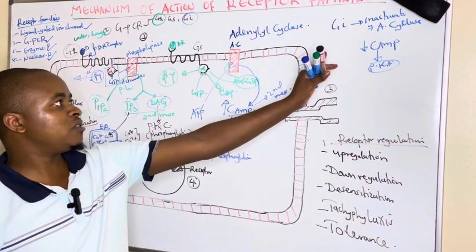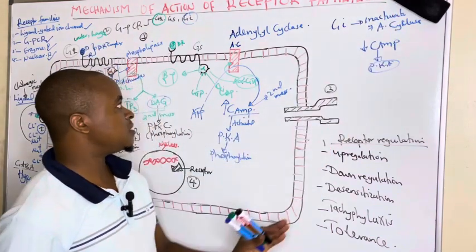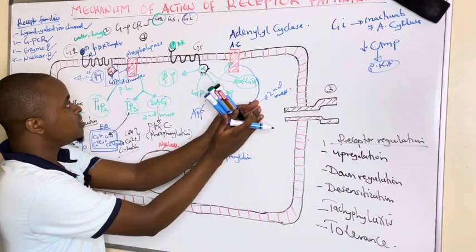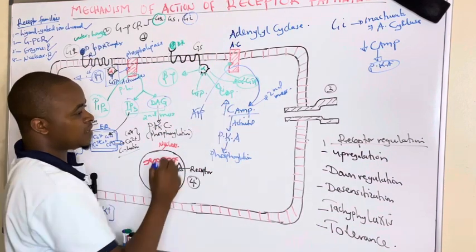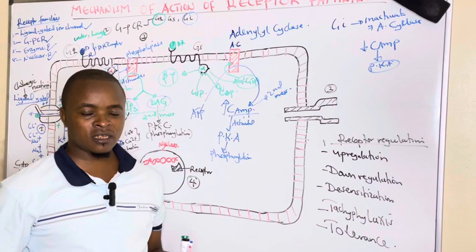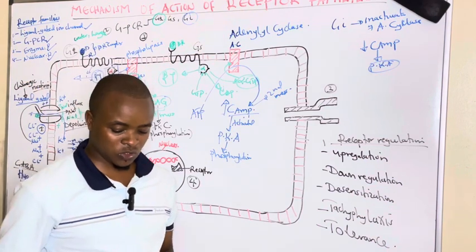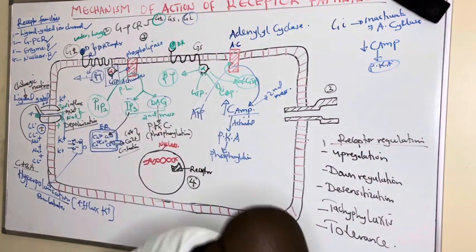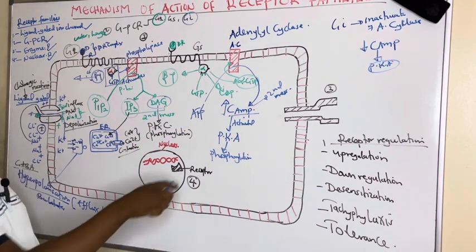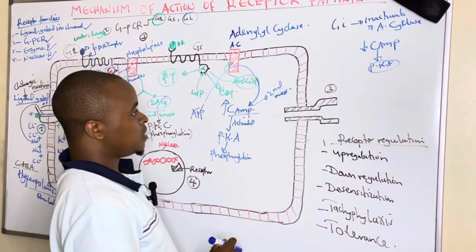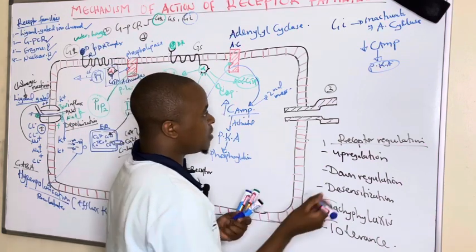So G inhibitory acts by inactivating. When Gs has activated, G inhibitory comes and inactivates, hence reducing these cAMP levels, and then the cellular response is stopped. That is how they act. That is G-coupled receptors. Number 3 we can discuss is the enzyme receptor.